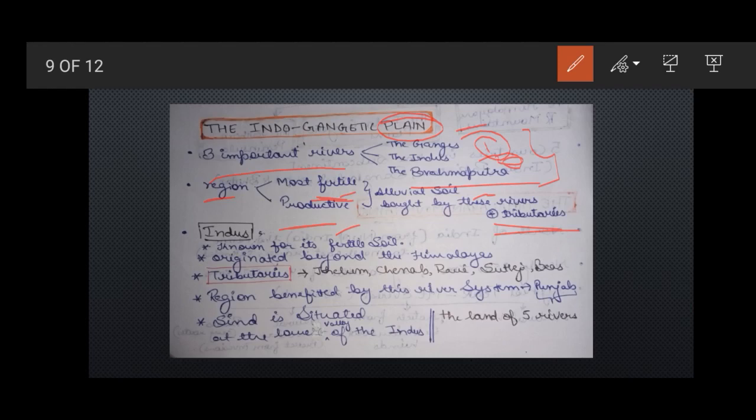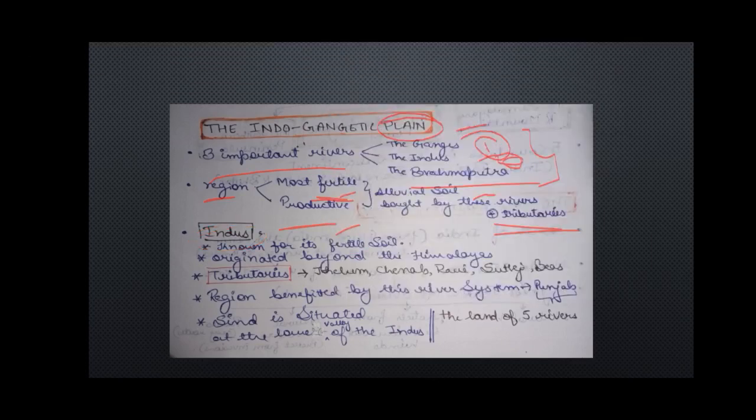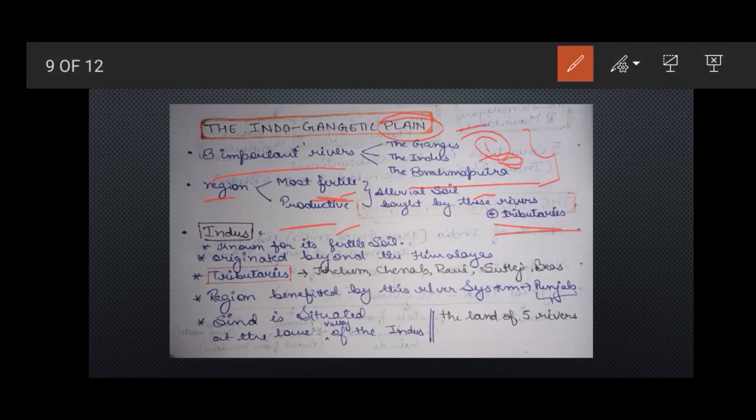Now the next river is very important. It's about the Indus. This river is considered very important, and it's known for its fertile soil, and it originates beyond the Himalayas.